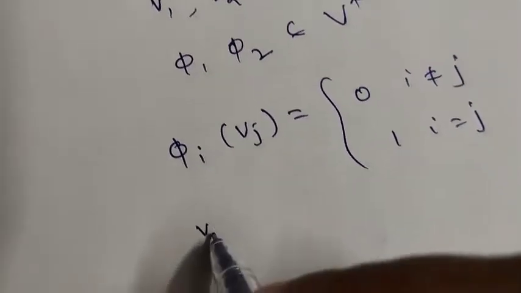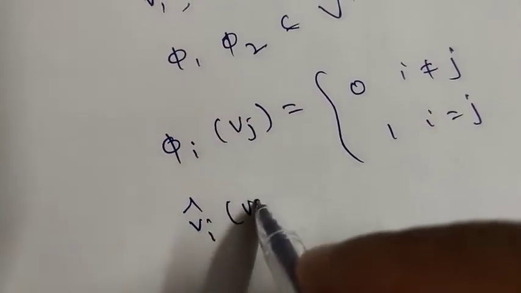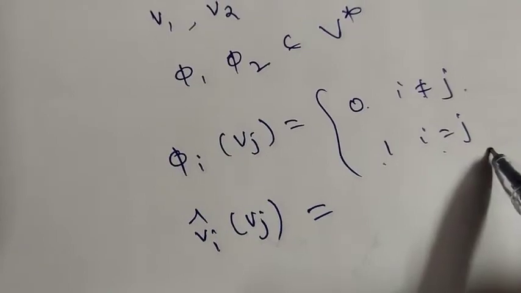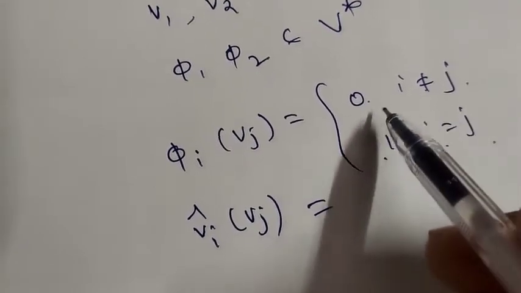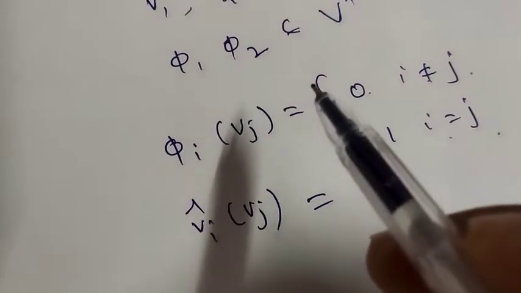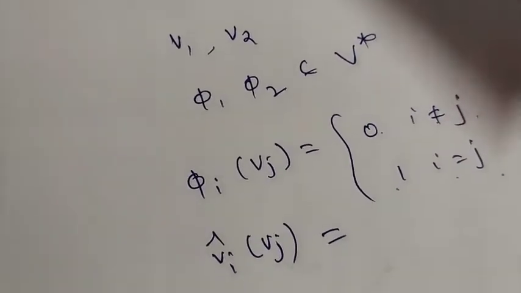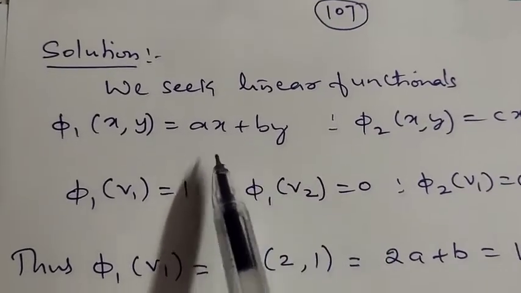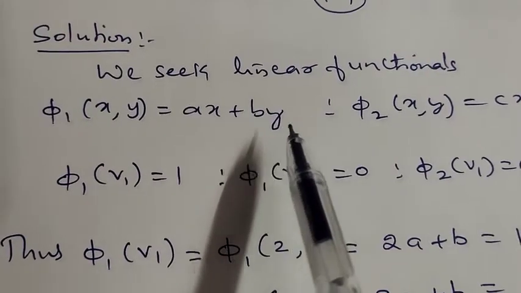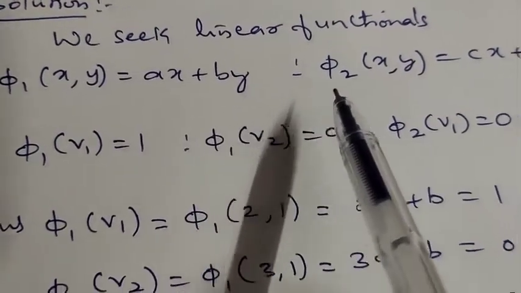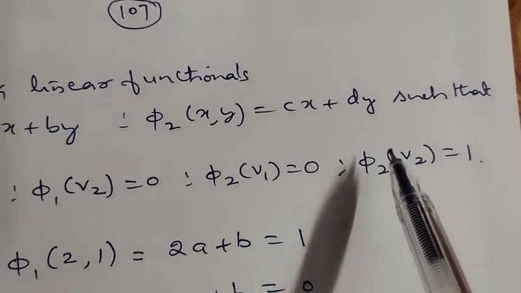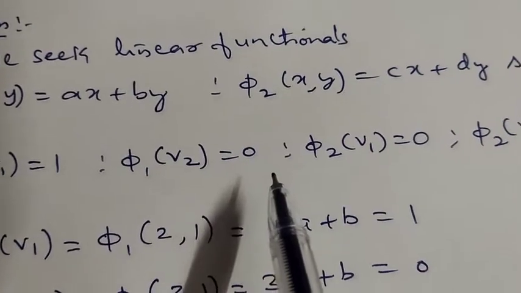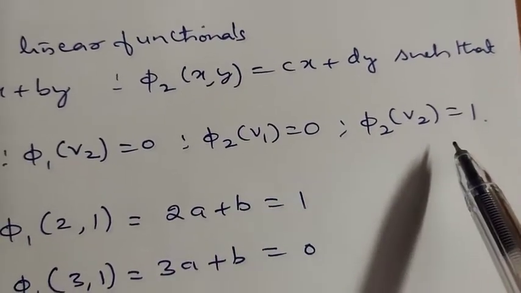These you have already studied. So we need to find linear functionals phi 1 of (x, y) equals ax plus by and phi 2 of (x, y) equals cx plus dy, such that phi 1 of v1 is 1, phi 1 of v2 is 0, phi 2 of v1 is 0 and phi 2 of v2 is 1.